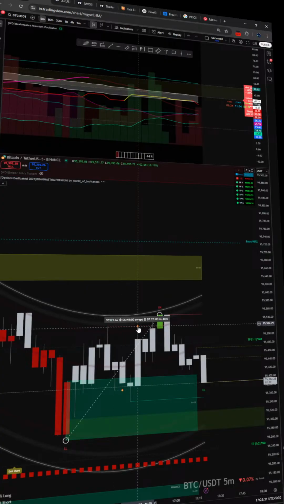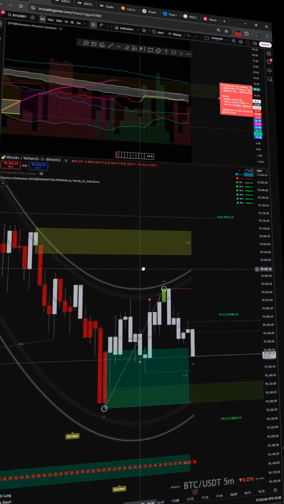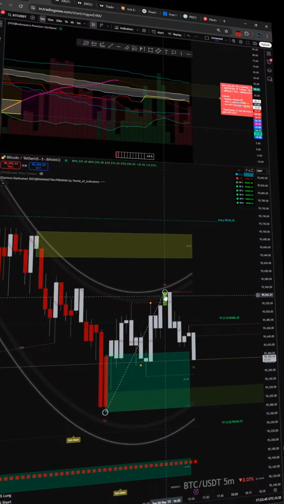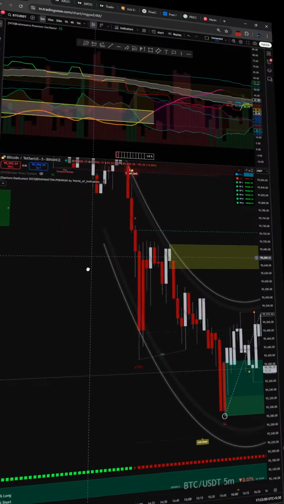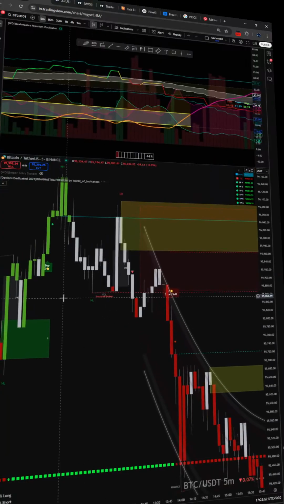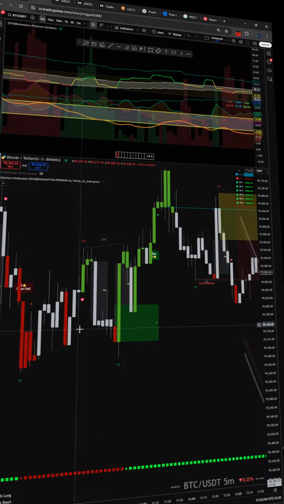The liquidity was taken here, and also here. Liquidity is one of the best concepts, I actually love it, so we have included it in this. Liquidity taken, market came down. Liquidity taken, market goes up. It's happening everywhere.